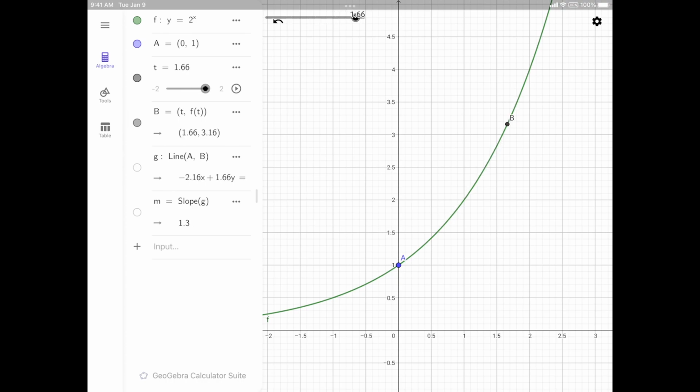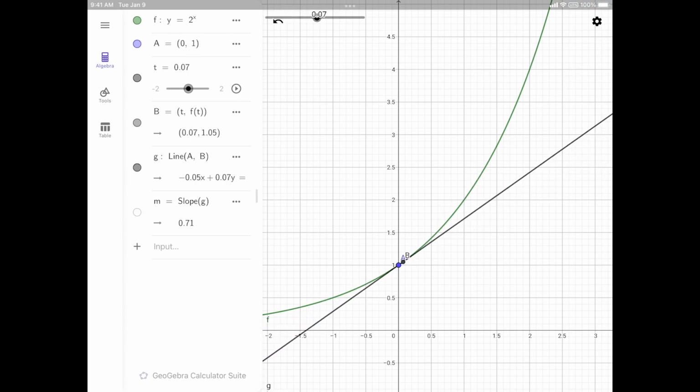What I do next is find a line connecting A and B. That's going to be my secant line. And as I make t smaller and smaller, the secant line is going to approach the tangent line that I actually want to find. So I move it over to the left there, or if I am on the left, I can move it over to the right.